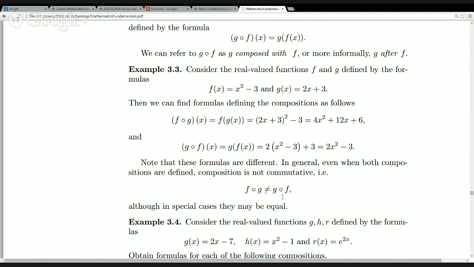There's a key observation here, which is that those two compositions are not the same. They're both quadratics, both second order polynomial functions, but they're different functions. And this is a very important property, but it's not a specifically mathematical property.